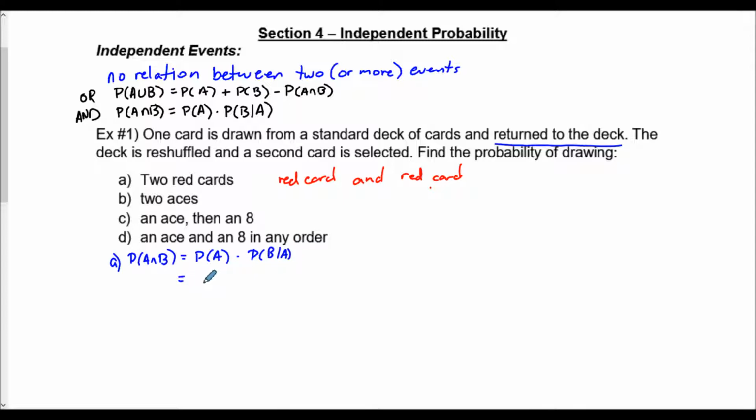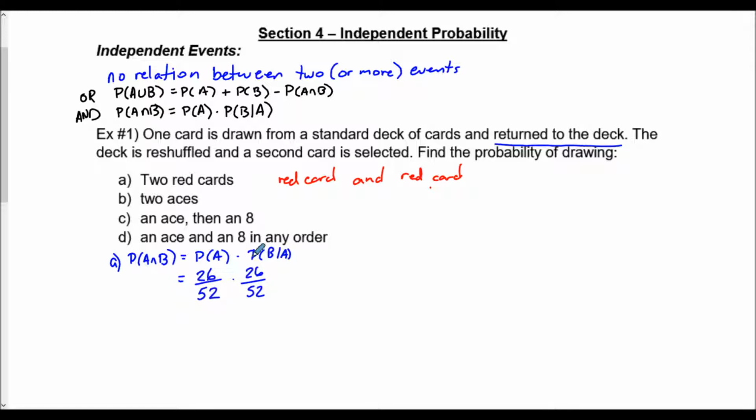Our probability of A, so the probability that the first card is red: how many red cards are in a deck? Well, there's diamonds and there's hearts, which means that there's 26 out of the possible 52, being multiplied by the probability that the second card is red. But since we've returned that first red card to the deck, we'd have 26 out of 52 cards in the deck.